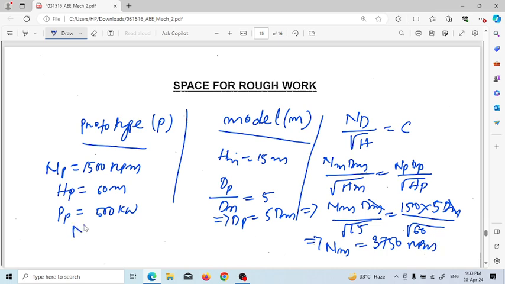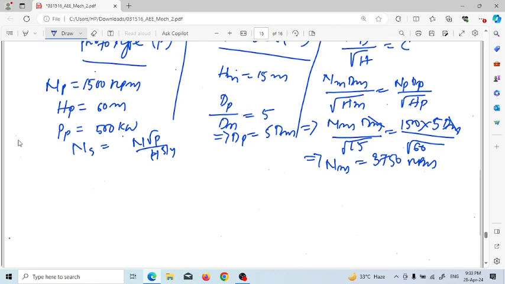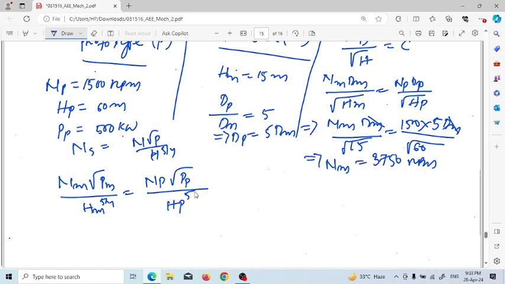Then we know specific speed Ns is equal to N root over P divided by H power 5 by 4. So by comparing prototype and model, we get Nm root over Pm divided by Hm power 5 by 4 is equal to Np root over Pp divided by Hp power 5 by 4.